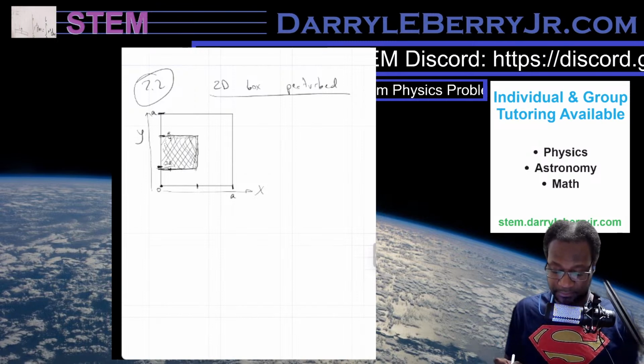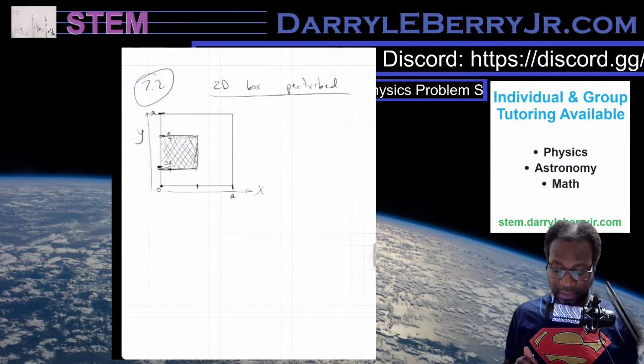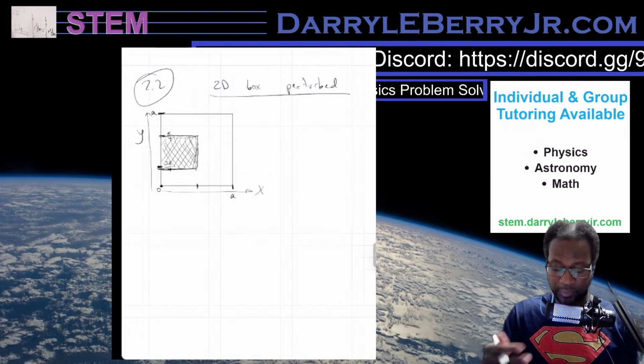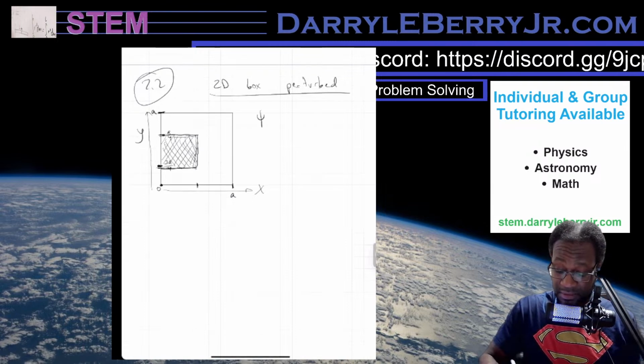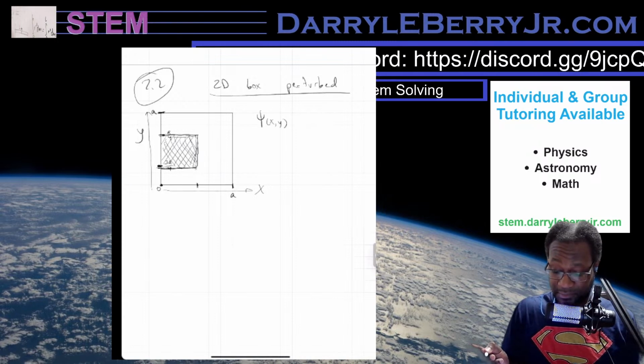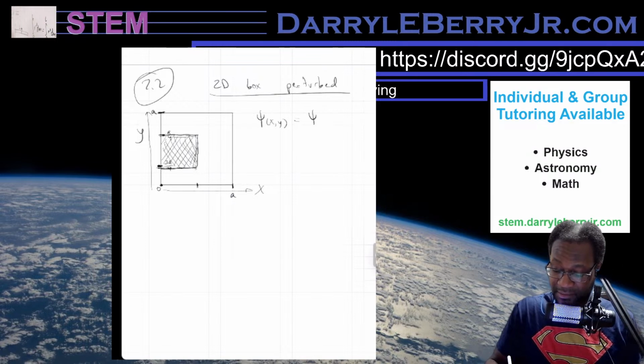This is our perturbation. So what we're going to do here is what we did before, but now we have a 2D box. So psi is going to be psi of xy, which is going to be a bit more complicated.